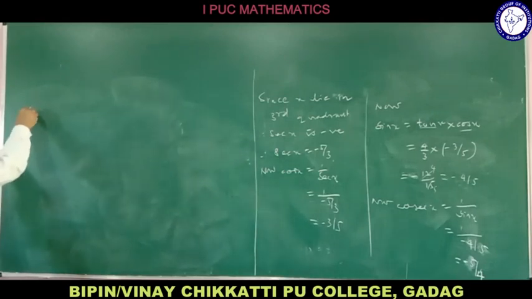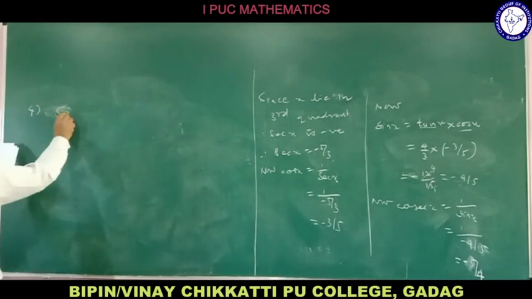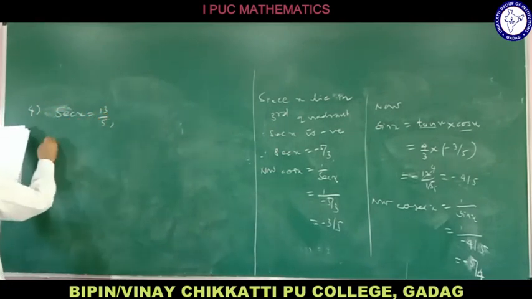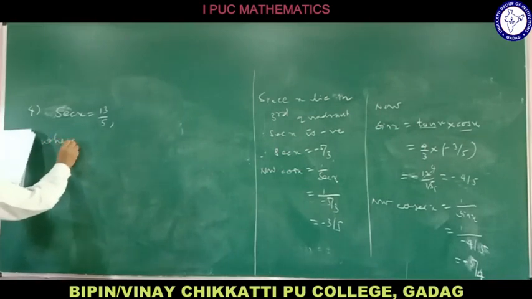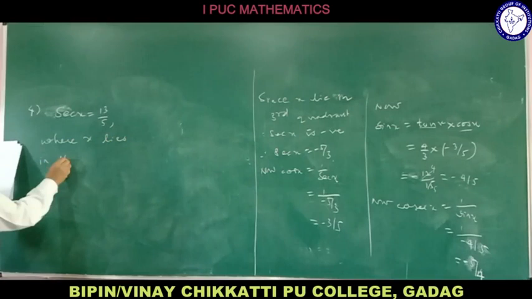Next, problem 4: sec x is equal to 13 by 5, where x lies in the fourth quadrant.